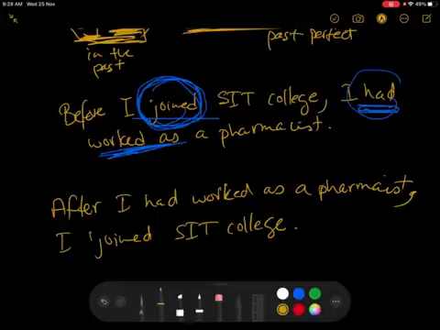That's why it's called the past perfect, when I want to express two actions that happened and were completed in the past, but one of them was completed before the other.